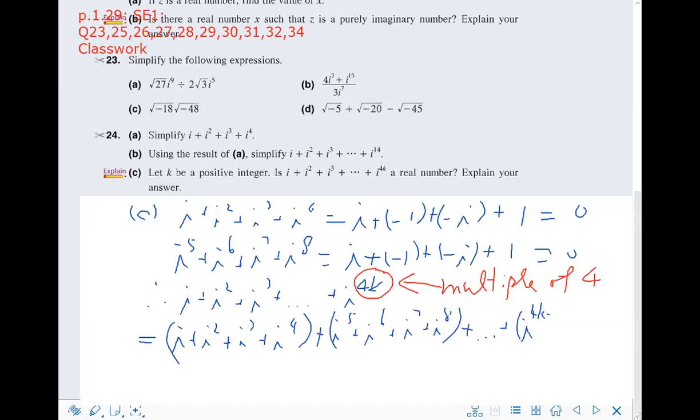i^(4k-3) plus i^(4k-2) plus i^(4k-1) plus i^(4k). Okay?